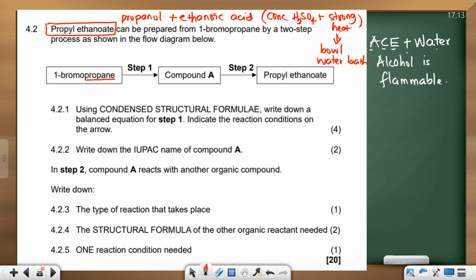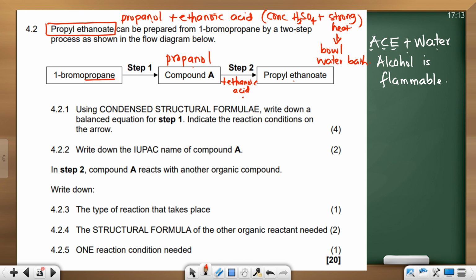So from 1-bromopropane, I must get to propanol. Then, in step 2, I am going to add my ethanoic acid. Does that make sense? You got to know the basics, then play with it. So 1-bromopropane will get me to propanol. I add ethanoic acid. Make sense?